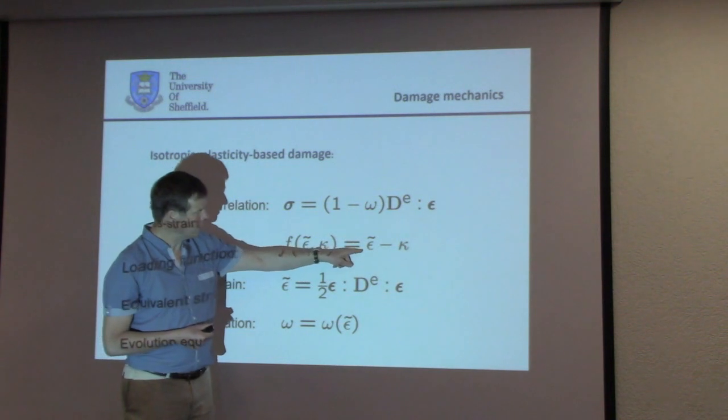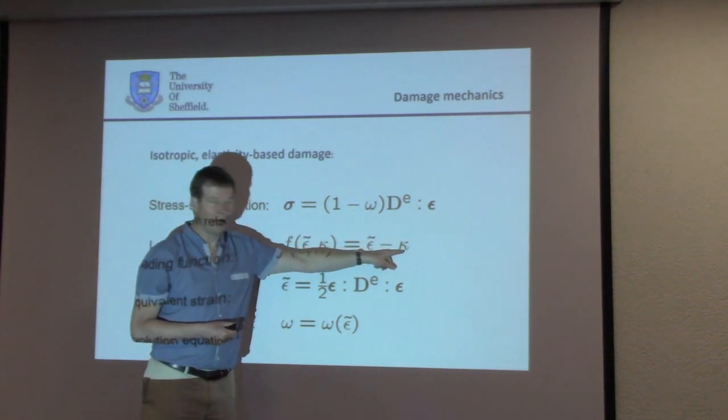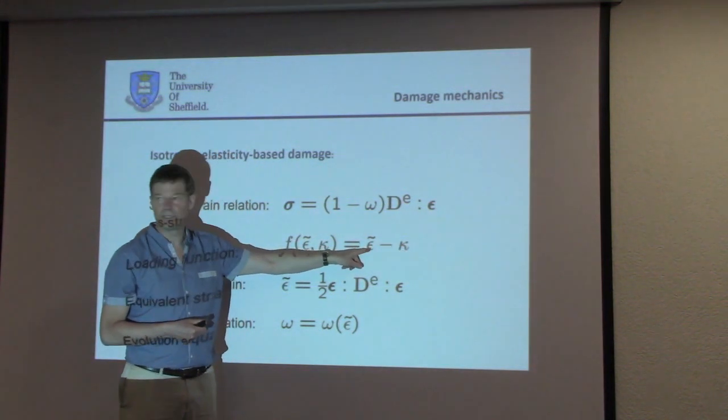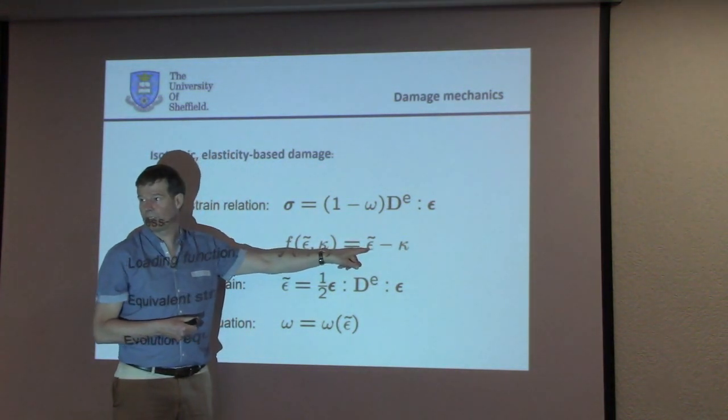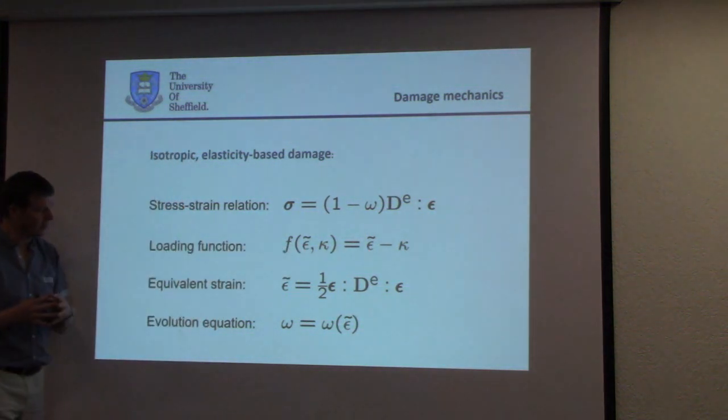And you check the current strain with the largest value of epsilon tilde that has happened in the past. So the largest strain that has happened.